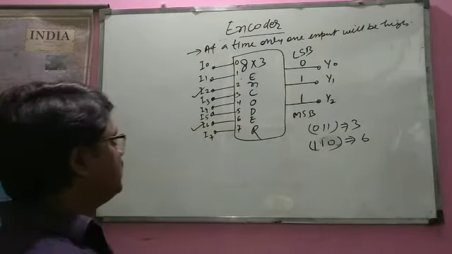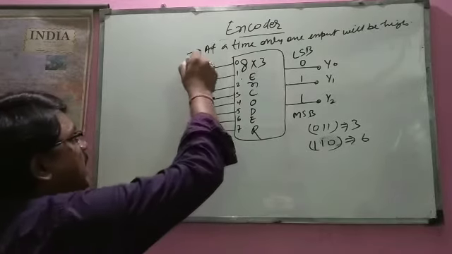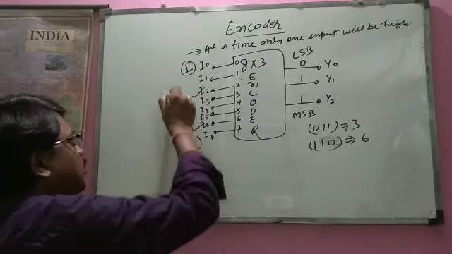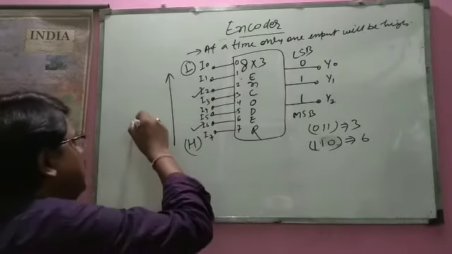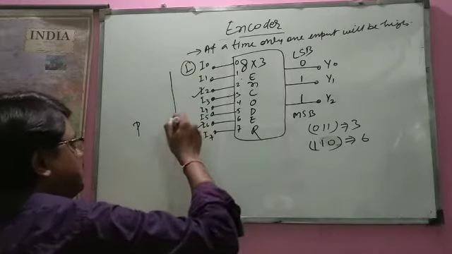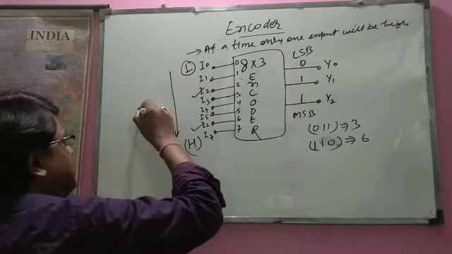Let us suppose this pin has the highest priority and this one has the lowest priority, and from here to here priority decreases. Okay, here to here priority increases.